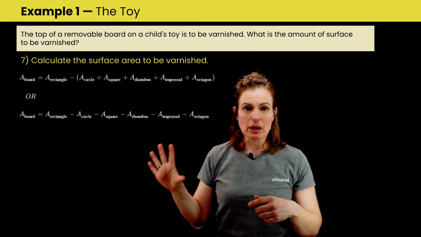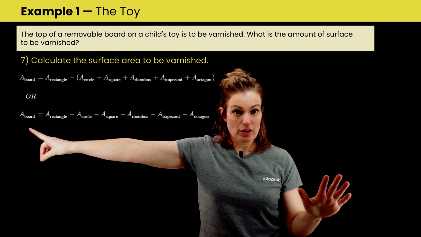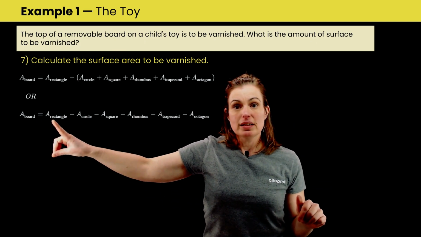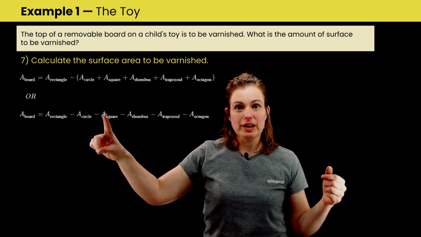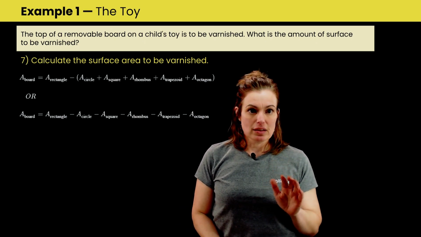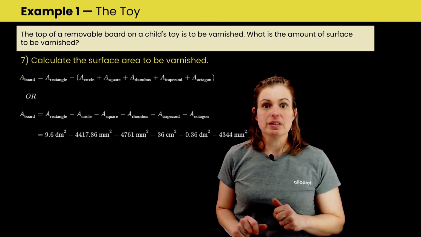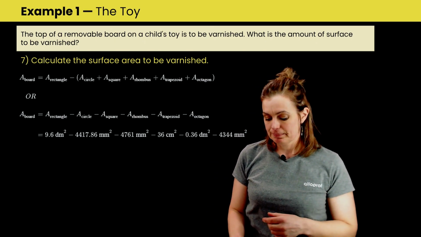Or we can find the area of the board, which is, of course, the varnished surface, by taking the area of the rectangle before the cutouts and then just removing each of the areas individually. Okay? And actually, that's the one I'm going to opt for here. So you can see us taking away all the individual areas that we calculated previously.